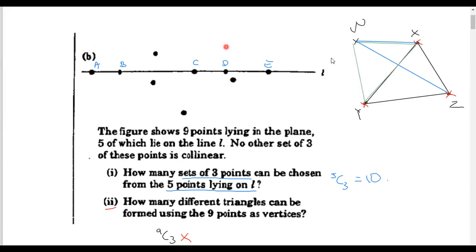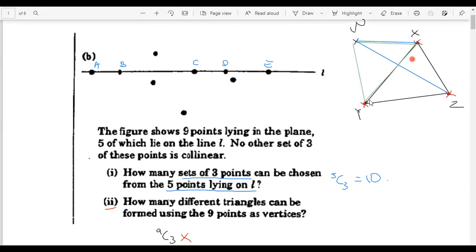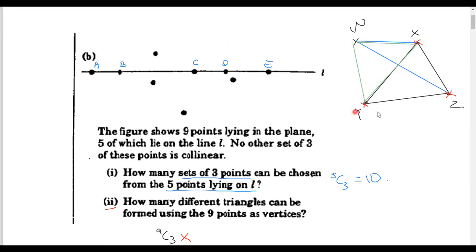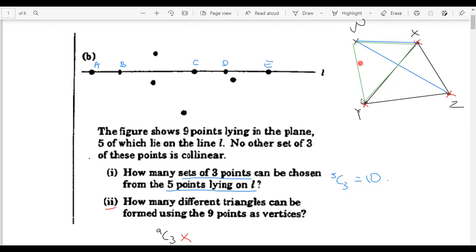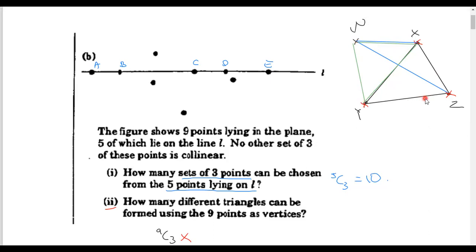Or we've got WYZ, we've got WZX, as we've already drawn. And so you can see there's a few different triangles: 1, 2, 3, 4 triangles. And that seems to match what we're saying. We've got 4 points, and we get 4C3, which is 4 triangles, as expected.